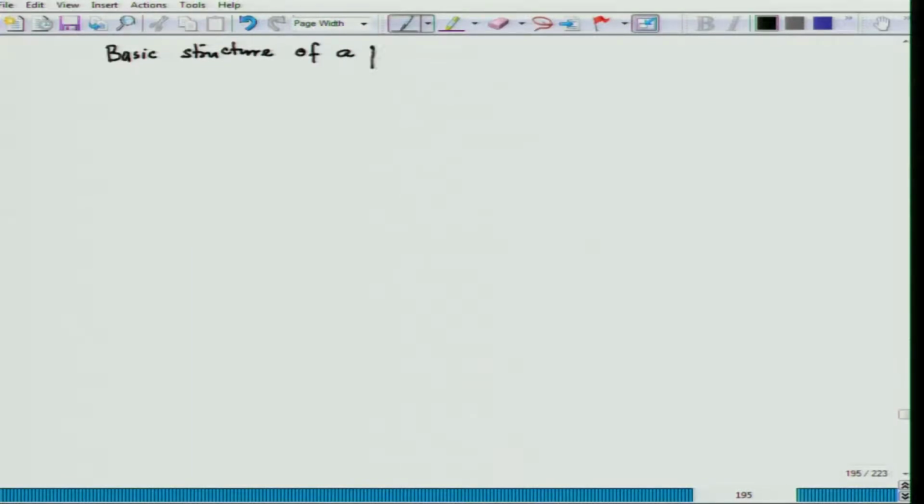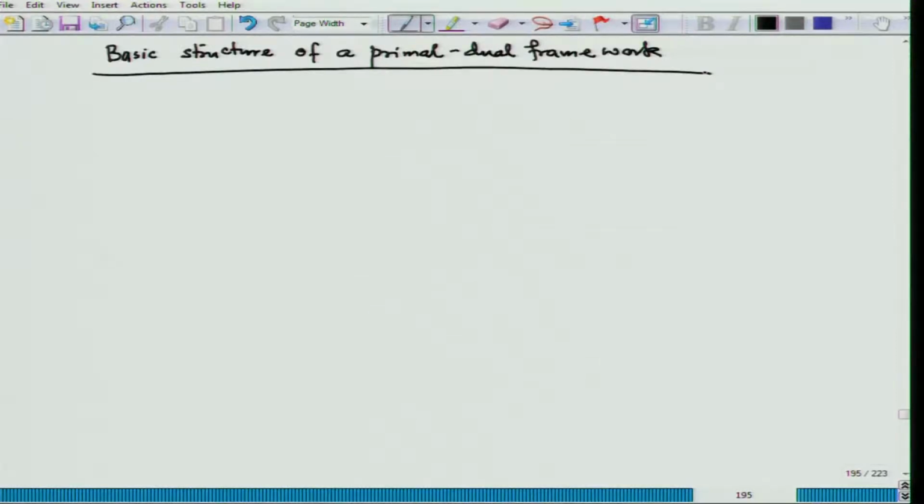Now, once I am talking about the basic structure of a primal dual framework, what we would have is the following, that we cannot now attempt to think about finding the central path.